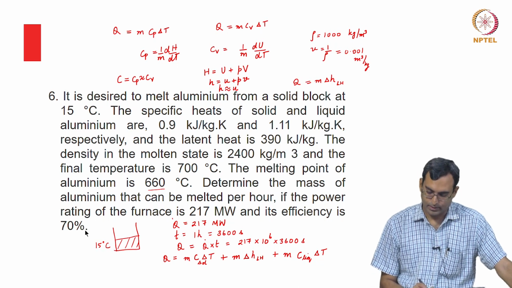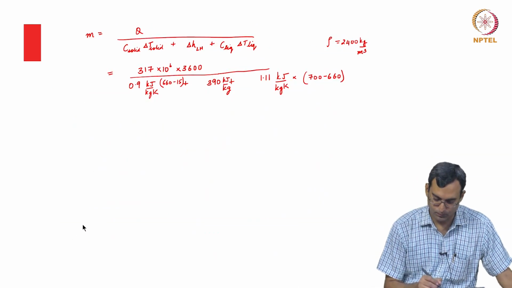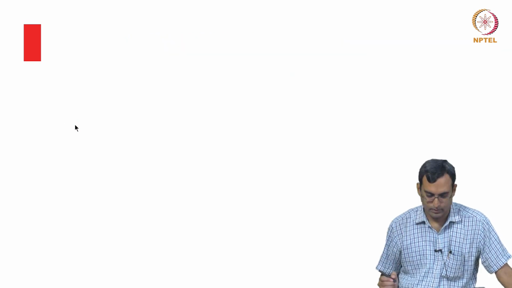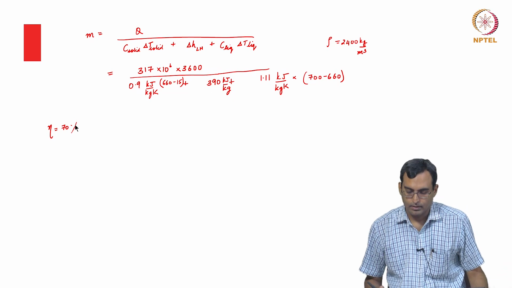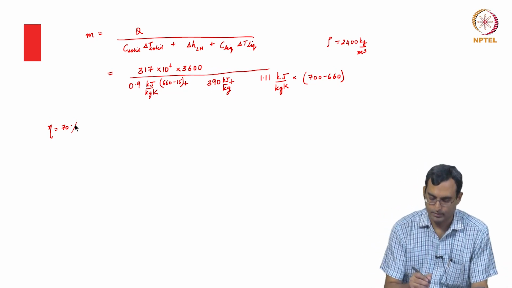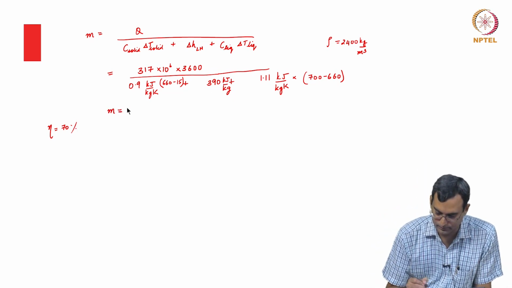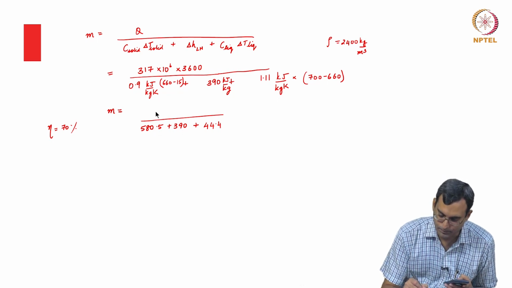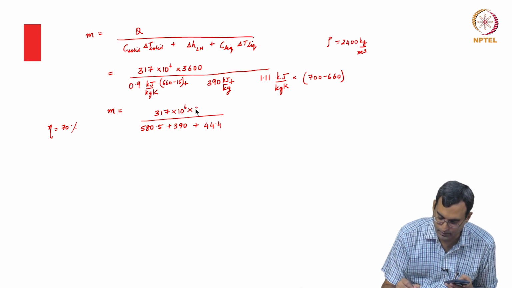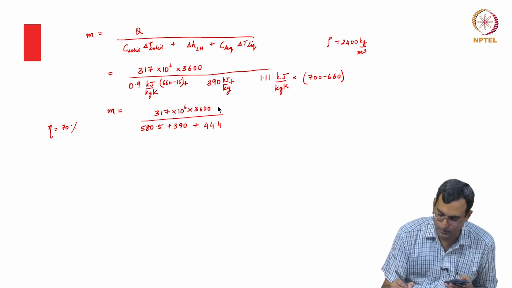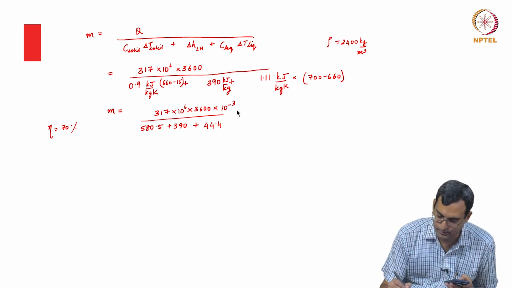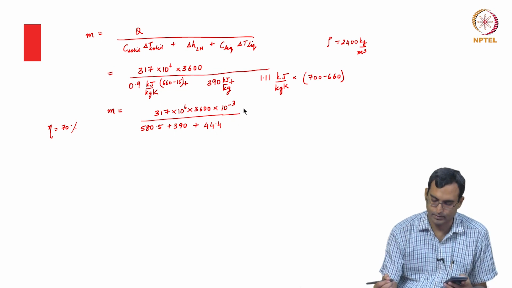What I am also given is that the efficiency is 70%. We will come back to that a little later on. So, I have an expression of this kind, so I can find out the mass. These are all in kilojoules, and at the top I have 317 into 10 power 6 into 3600 joules. Let me also convert that into kilojoules by multiplying by 10 power minus 3.